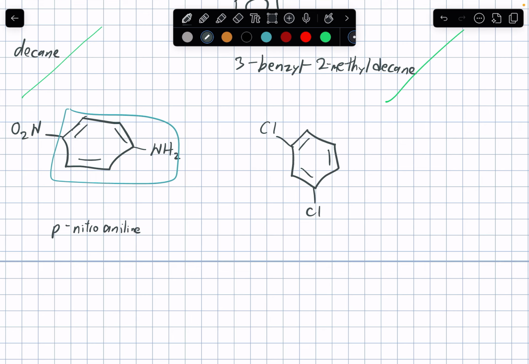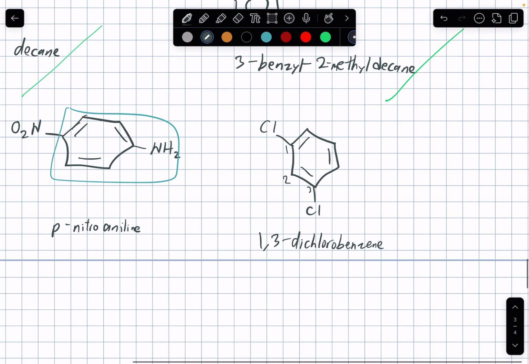There isn't really a common root per se. Let's count from here. 1, 2, 3. 1,3-dichlorobenzene. Yeah. Okay.